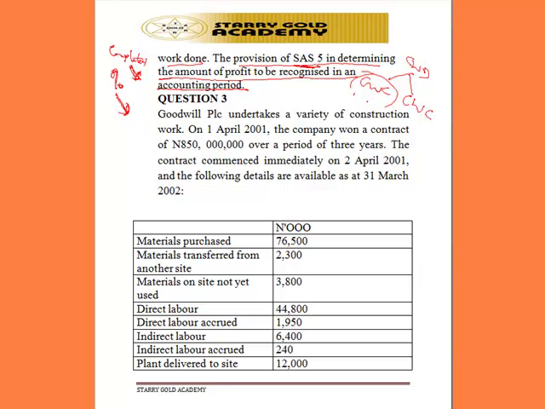The percentage of completion method divides contracts into two or three stages: the just starting, the almost completed, and then the advanced stage of completion.